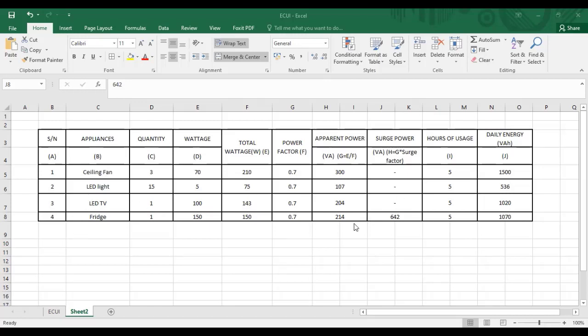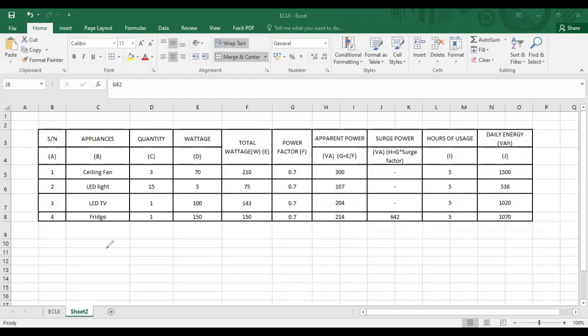Depending on the hours of usage you want, it can be 2, 3, 4, 5. So it's not necessary it should be 5. Maybe you run your fan 8 hours in a day, your TV 2 hours in a day. So play with the hours of usage, take more appliances, fill in the table, be comfortable with your conversion.